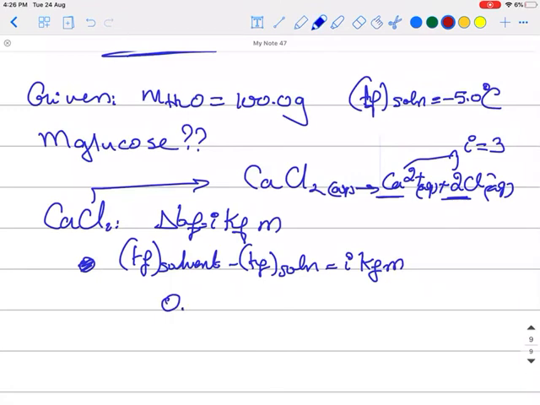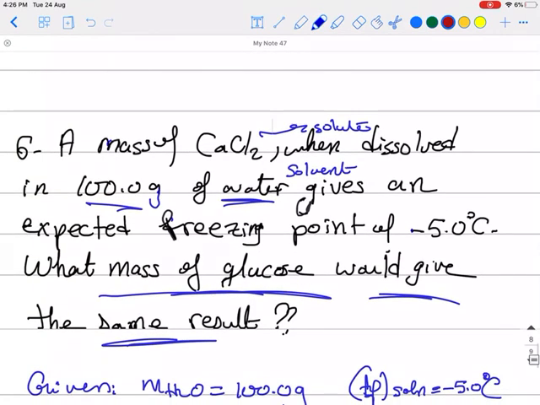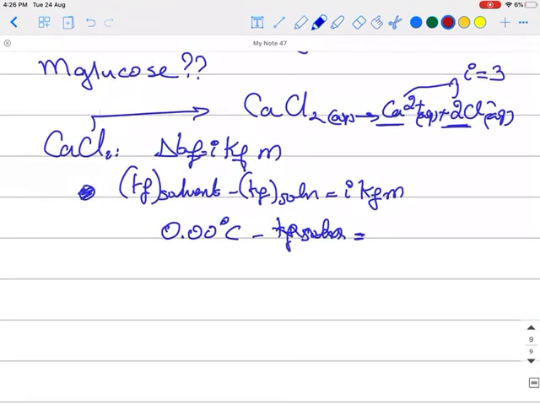Okay, the solvent is water, so the freezing point of pure water is 0, minus Tf of the solution. No need to compute this because he already gave it to me. He told me that the freezing point is -5. Equal to i, which is 3, times K freezing.